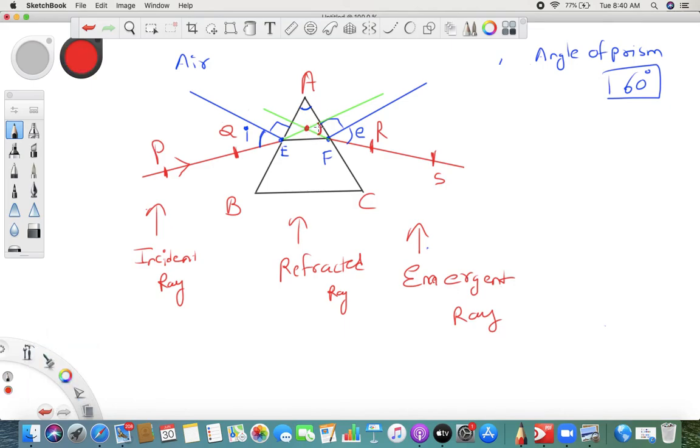This angle is called the angle of deviation. What do you mean by angle of deviation? It's like the ray is going straight. If you don't consider that it is bent at two places, they simply explain that the incident ray gets deviated at one point and goes to the other side. So this is called the angle of deviation.